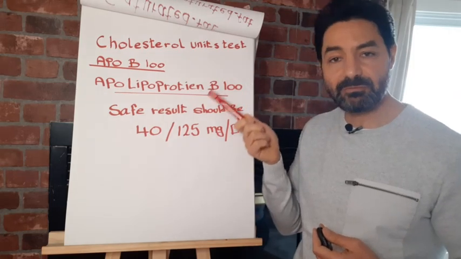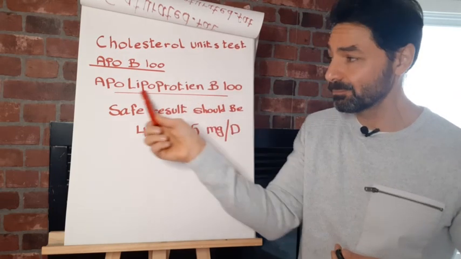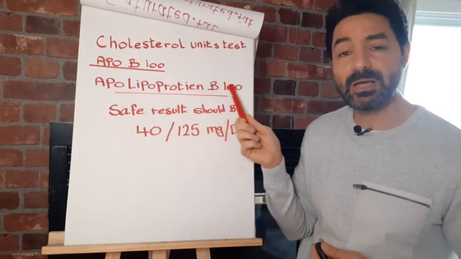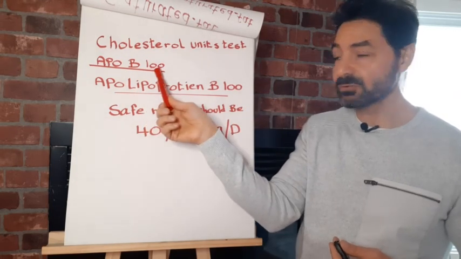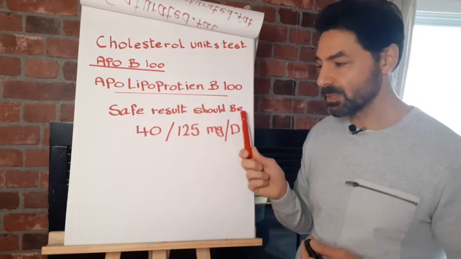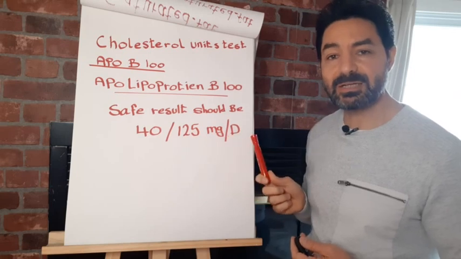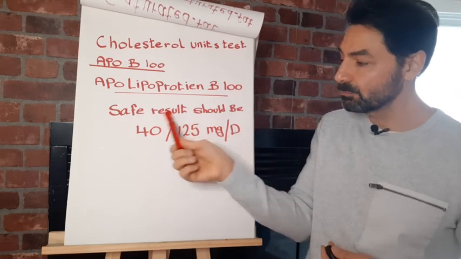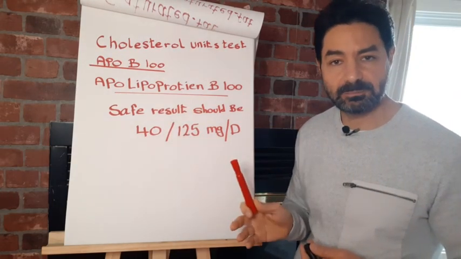The name of the test is apolipoprotein B100. That's the full name, apolipoprotein B100. The abbreviation used in the labs is ApoB100. The safe result should be between 40 and 125 milligrams per deciliter. If you are in this range, you are in a safe status, don't worry.